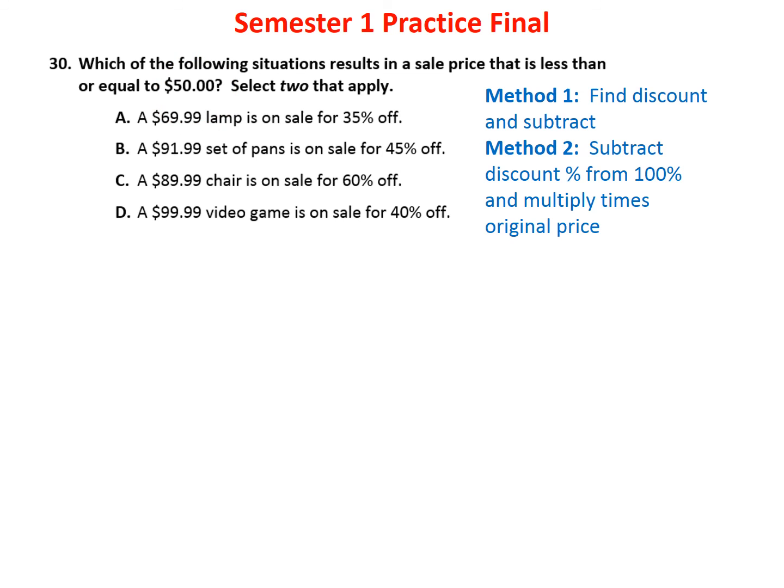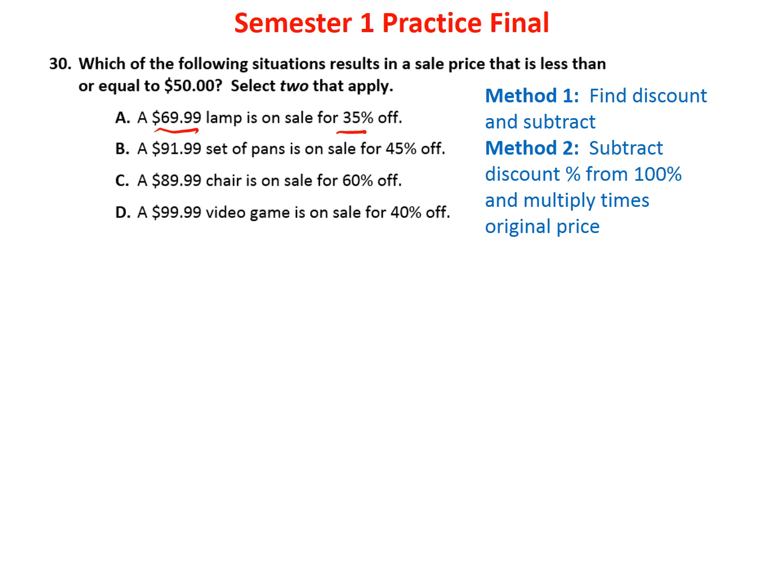Now, when we do a problem like that, there are two ways to do it. First, we could multiply 35% times $69.99, and that would be our discount, and then we would subtract that from $69.99. Another way we can do it is to subtract the discount 35% from 100% and then multiply it to find what we're paying for it.